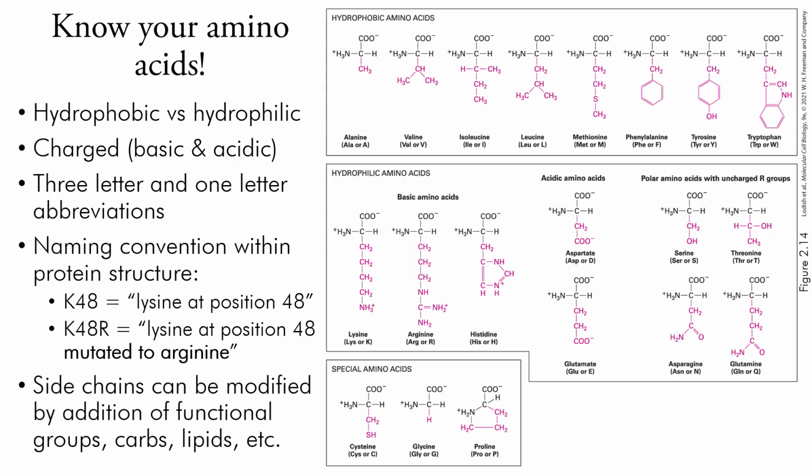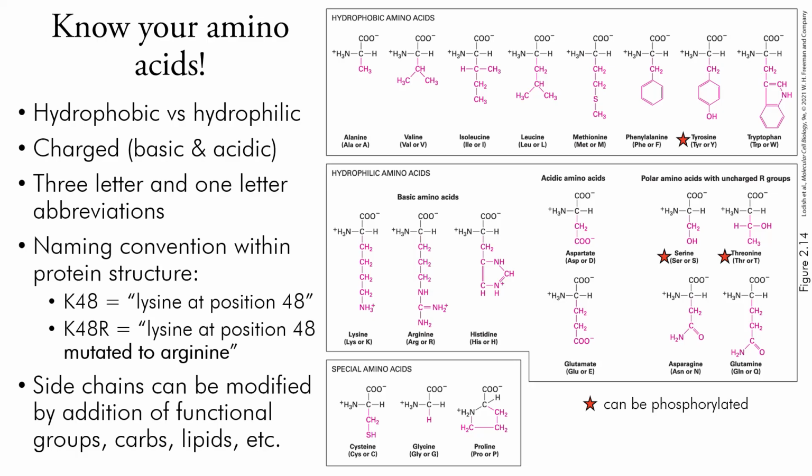The other thing I want you to know here is that some of these amino acids can be modified by adding different kinds of functional groups, like for, say, a phosphate group. So we'll be talking about phosphorylation of different proteins, and these are the only ones that can be phosphorylated. You have your tyrosine, serine, threonine.